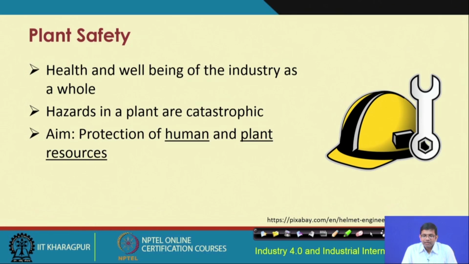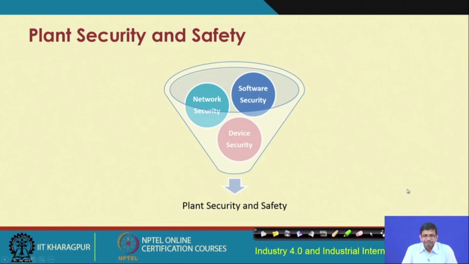So, plant safety is very, very important. When we talk about security and safety in the plants, these are the three main things that we will have to consider if we are talking about an IIoT implementation.